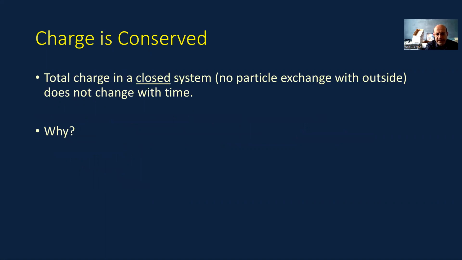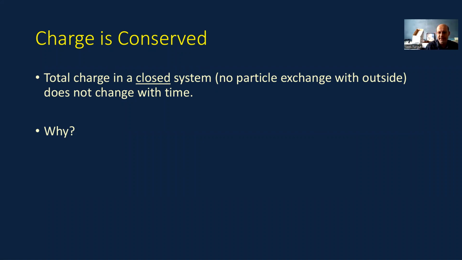So one property is that charge is conserved. That means if you have a closed region, meaning there is no particle exchange with the outside, so particles cannot enter or exit your system, but perhaps energy can enter, in any case the total charge within the system should be constant, right?